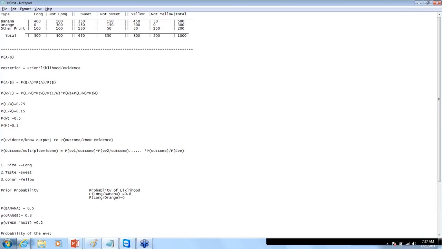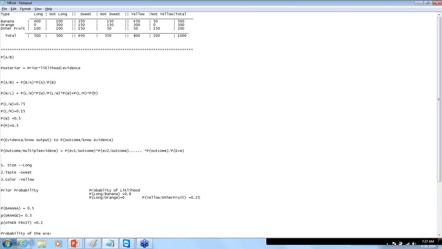Let me define this also: probability of yellow color fruit given that it's an other fruit. We saw it's 50 divided by 200, so it's 0.25. In this way we can find out other likelihood probabilities also.